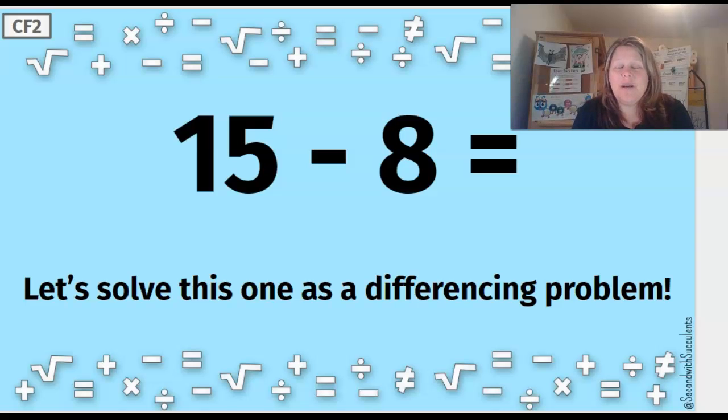How could you set up a number line to solve the problem 15 minus 8 equals box? Remember, I'm going to want you to practice using the strategy of finding the difference between those two numbers. So as you're drawing your number line, what number are you going to put at the beginning? And what number is going to go at the end? Can you figure that out?